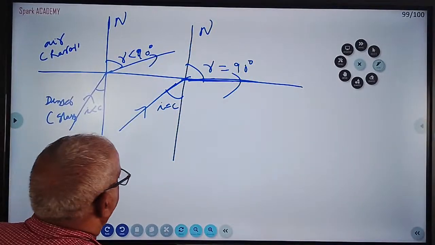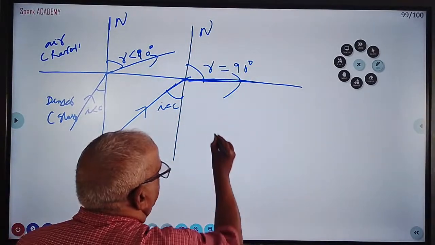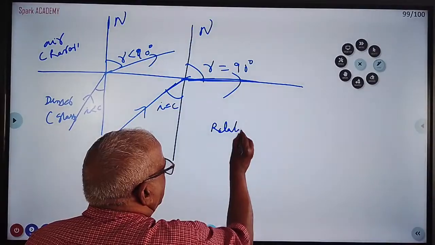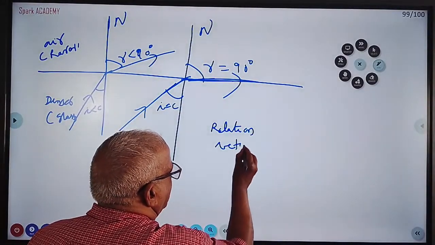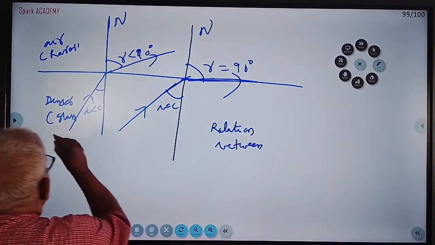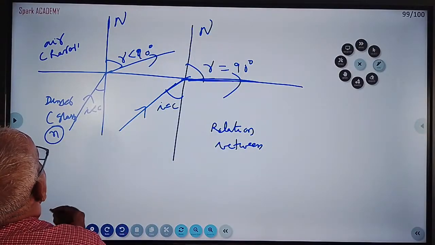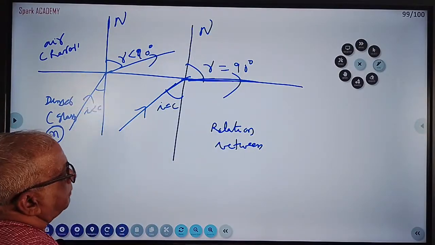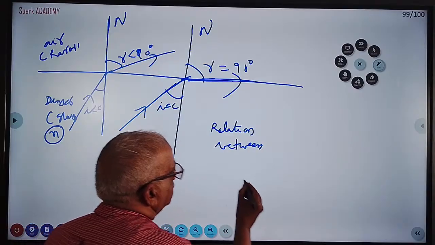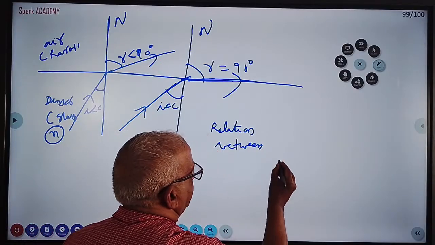Okay. So what is the relation between refractive index and critical angle? I am drawing. Let us say the absolute refractive index of glass is n, and here we can take 1. Relation between refractive index and critical angle.